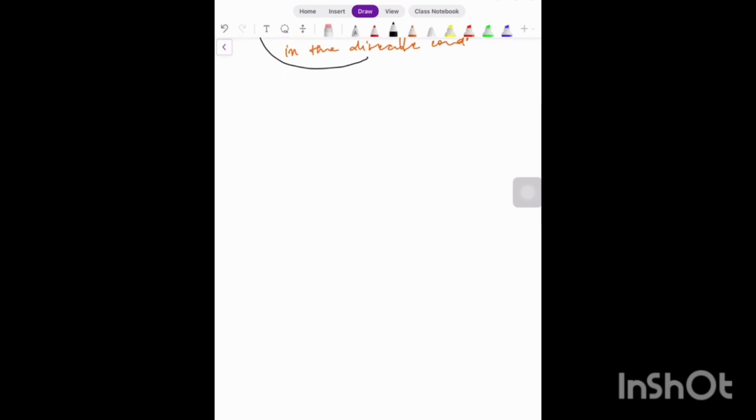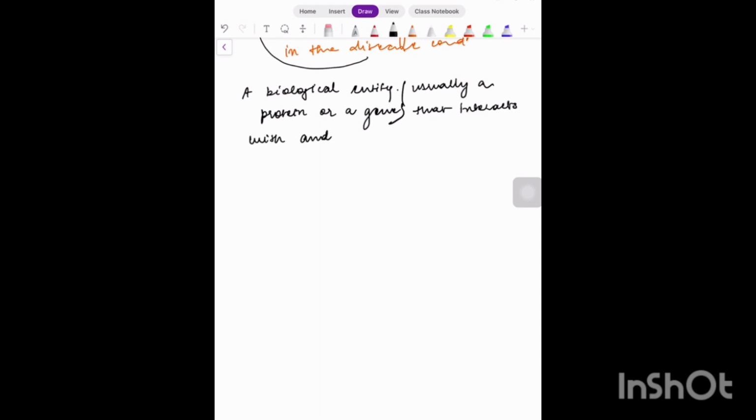They say a biological drug target is nothing but a biological entity that is usually a protein or a gene that interacts with and whose activity is modulated by a particular compound.